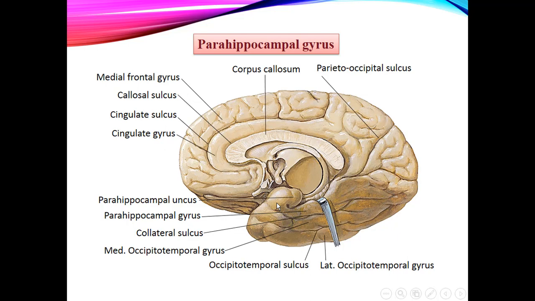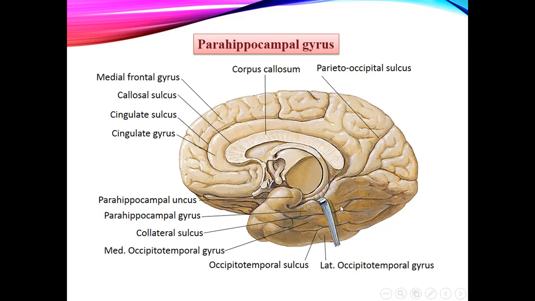This gyrus is the parahippocampal gyrus, another part of the limbic lobe. This gyrus is located on the inferior surface of the hemisphere and is separated from the medial occipitotemporal gyrus by the collateral sulcus.